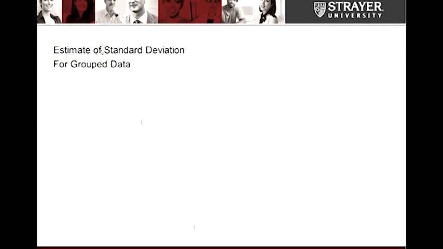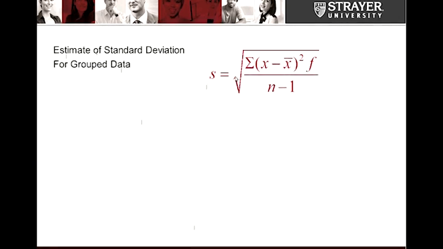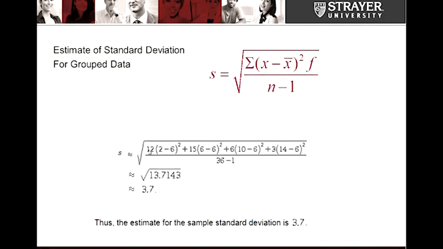Now, continuing, the estimate of standard deviation for grouped data is this formula. The standard deviation is the square root of the sum of x minus the mean squared times the frequency over the total sample size minus 1. Here's the formula.